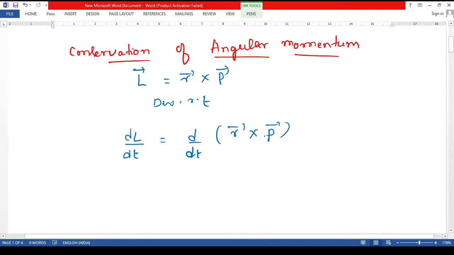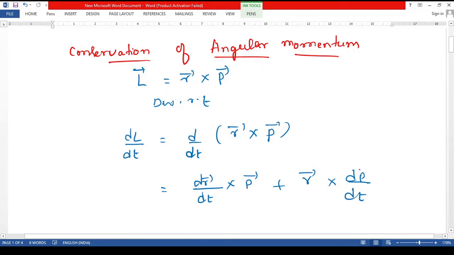Now let us differentiate this. This is a product of two functions. Differentiation of the first gives dr vector by dt, and we keep p the same, plus vector r into dp by dt.